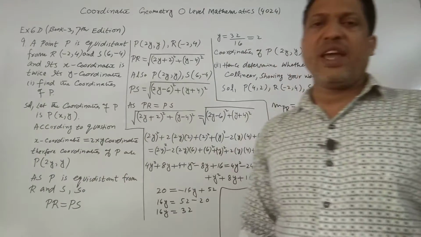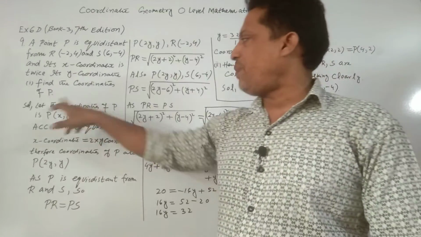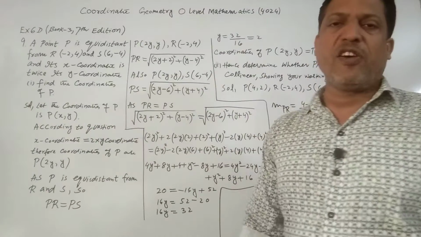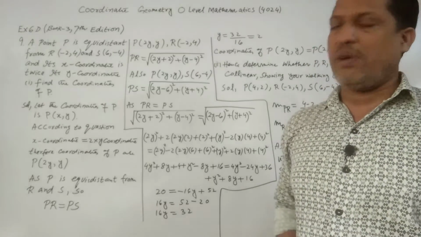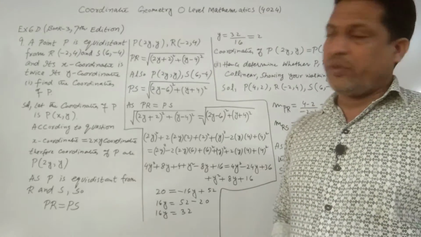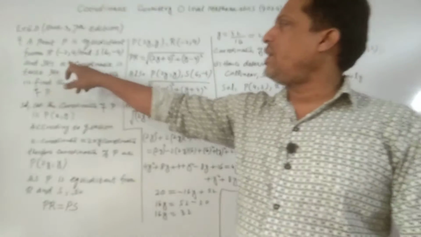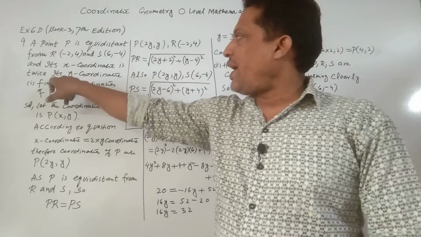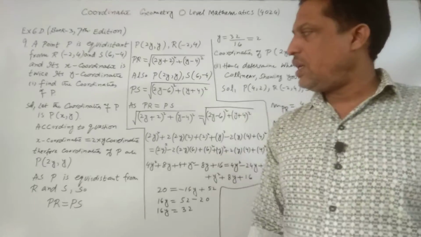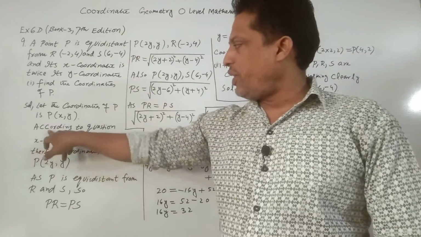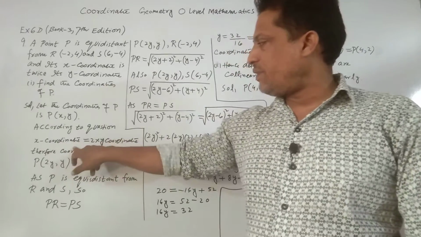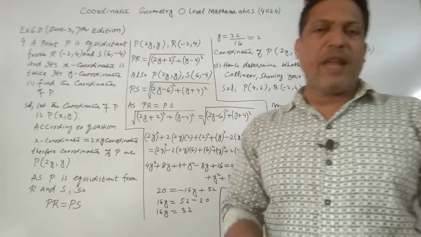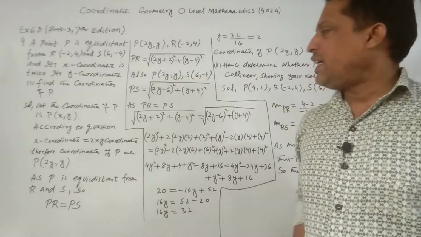So first we have to let the coordinate of P be (x, y). According to the question, its x coordinate is twice its y coordinate. So x is equal to 2 multiplied by y.